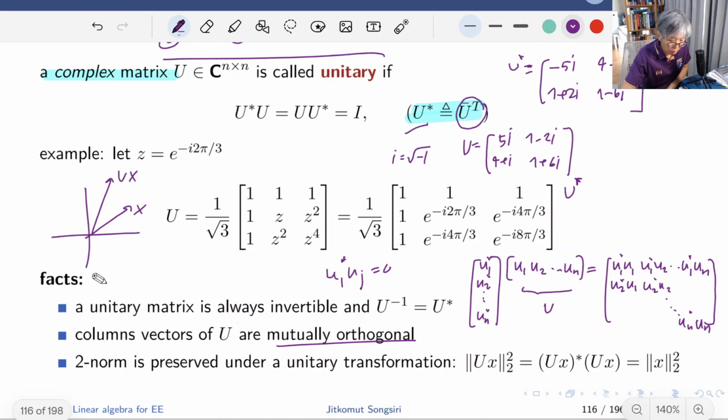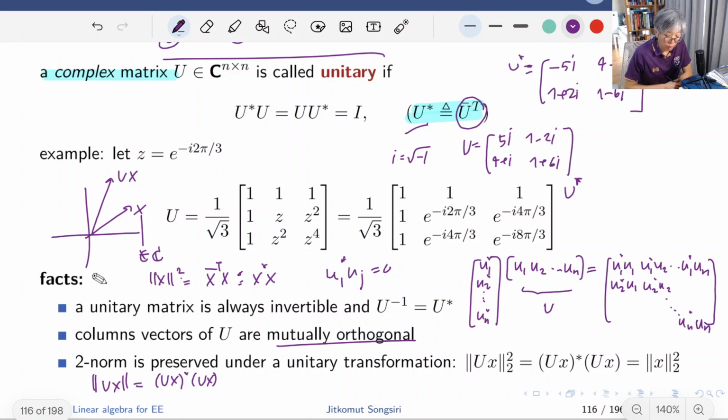The norm squared of Ux is Ux star Ux, because when x is complex, to compute the norm squared we take the complex conjugate transpose of x, that is x star x.